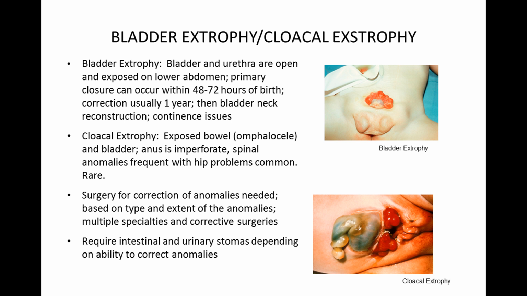With cloacal exstrophy, the person has exposed bowel and bladder with imperforate anus, spinal abnormalities, and hip problems being common. Cloacal exstrophy is seen in the lower photograph on this slide. Surgical correction of the anomalies is needed and based on the child's specific problems. Urinary or fecal stomas may be required depending on the extent of the problem.